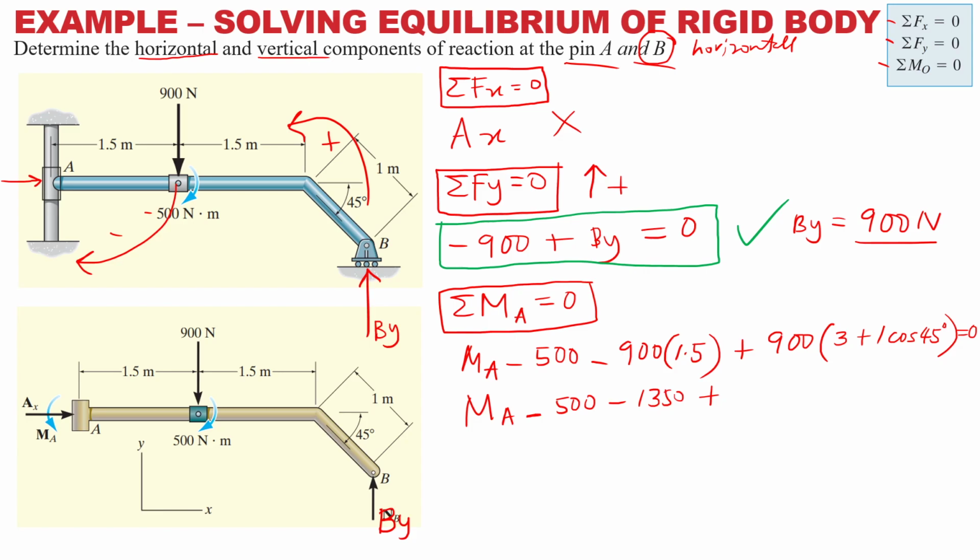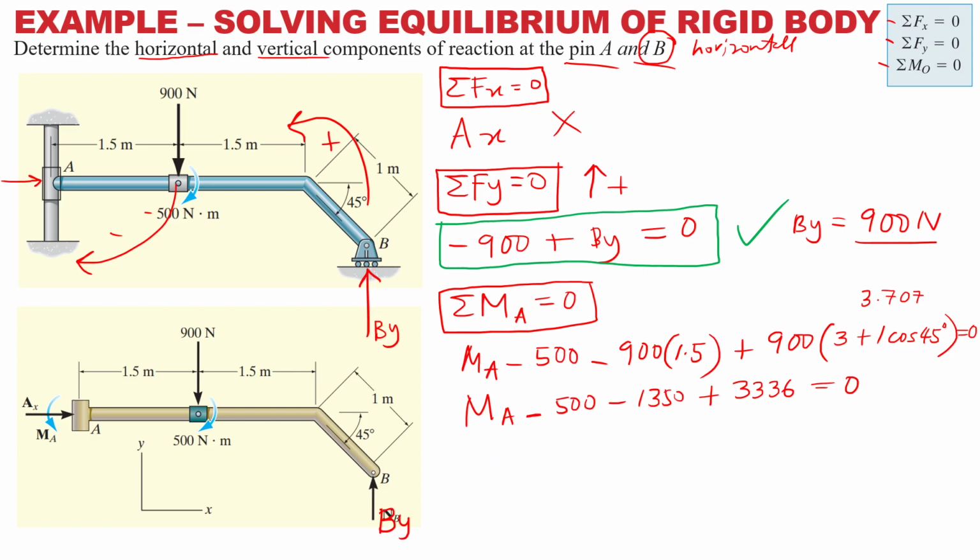Cos 45 campur 3. Ini kalau settle dapat 3.707 kali 900. Kali 900. 3336. Sudah kali equal 0. So settlekan ni.